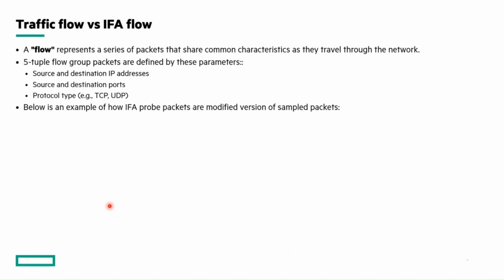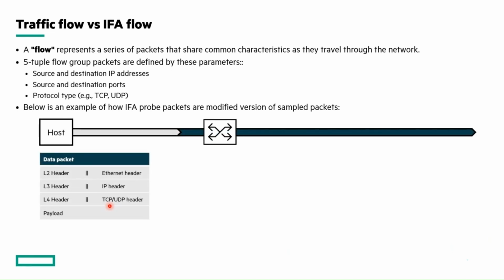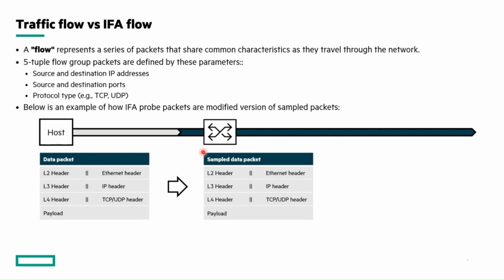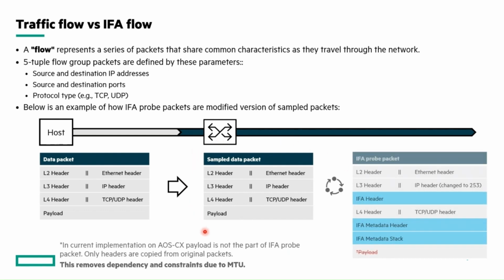Below is an example of how IFA probe packets are modified versions of the sampled packets. Consider a scenario where I'm again sending some flow or some data from the host towards my switch, which is configured for IFA. As soon as this packet reaches the switch, one of the packets out of the number of packets will be sampled and cloned further with this information.